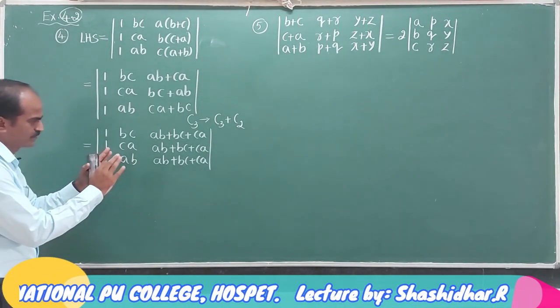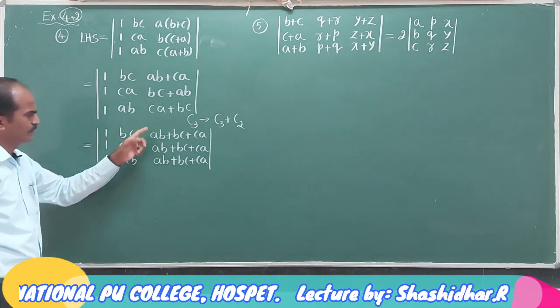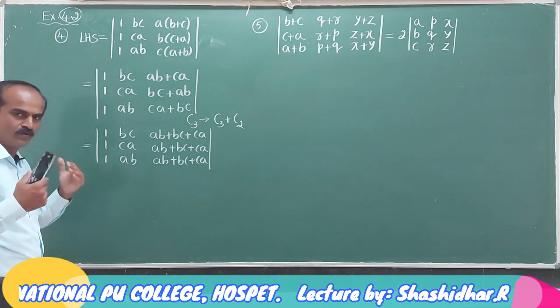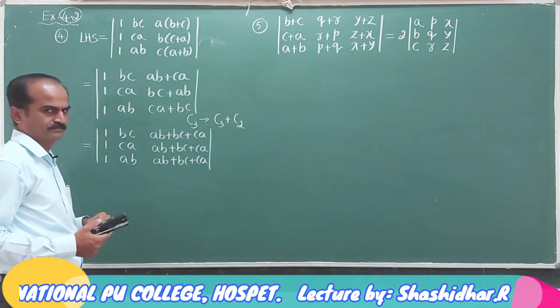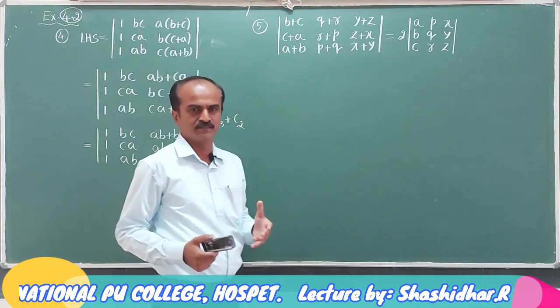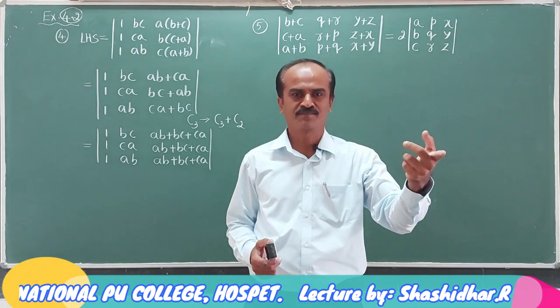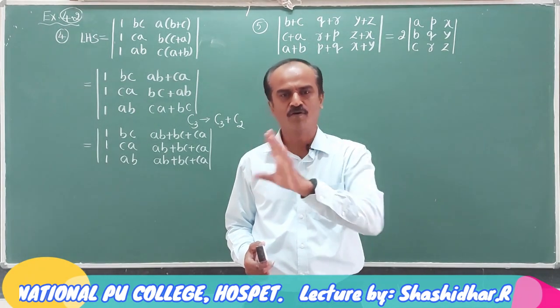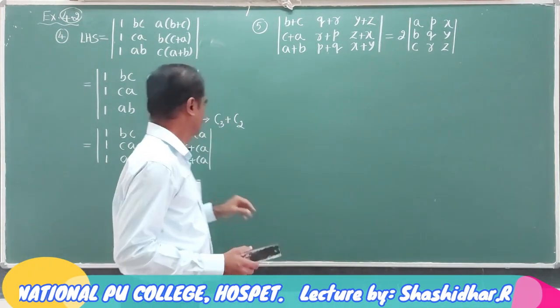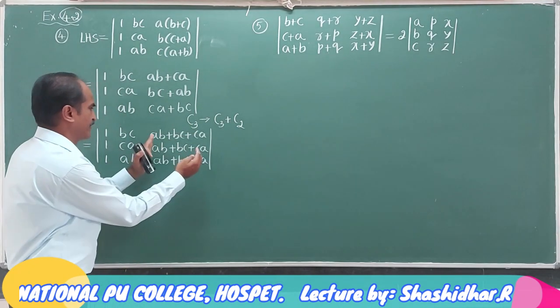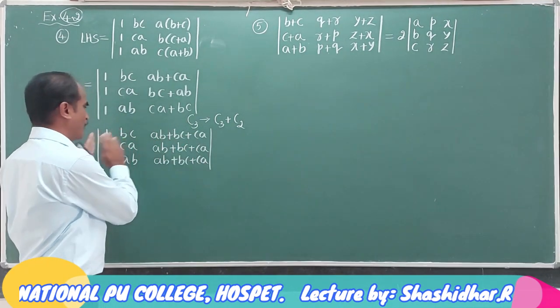Now look at the third column elements. They are all same, AB plus BC plus CA only. Recall the property what we discussed. In a determinant, if each element of any row are multiples of k, you can take that k common. Here, they are all AB plus BC plus CA. Let me take that whole expression, this common term outside.